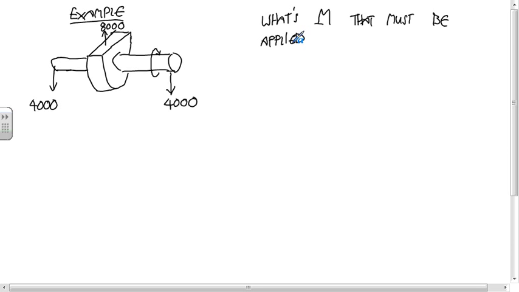Let's do it the other way, because we already did one clockwise. That must be applied to maintain a constant angular velocity.